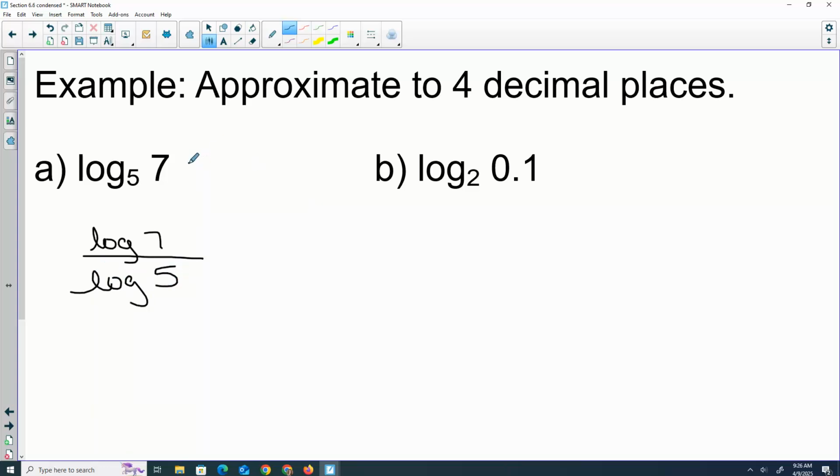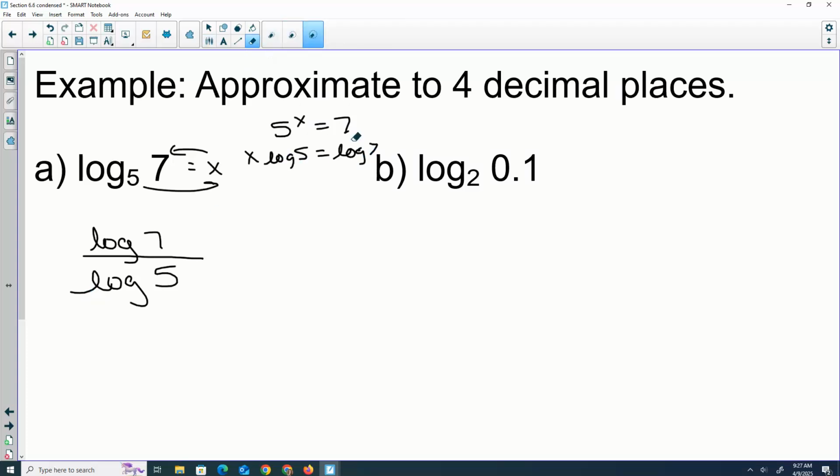The reason it works is if you set it to x and change it to exponential form, it's like saying 5 to the x power equals 7. And if you were solving that, what would you do? x log 5 equals log 7. And then you divide by log 5. So that's where the formula comes from. It's not anything we haven't already been doing, just a more direct path.